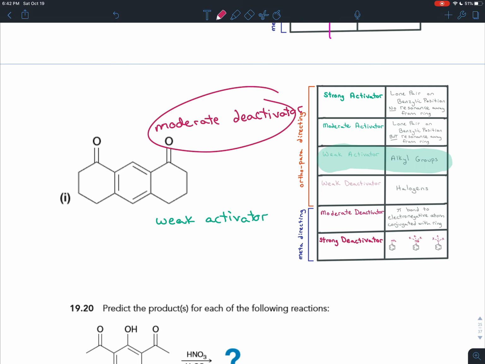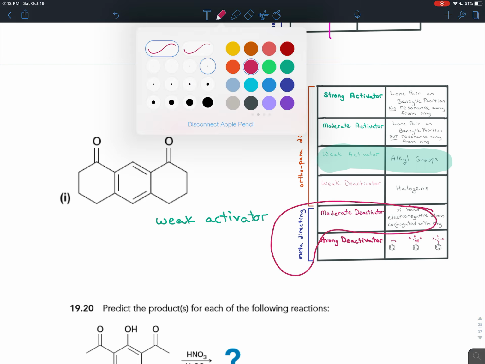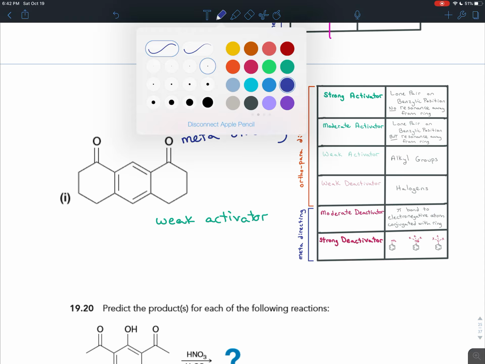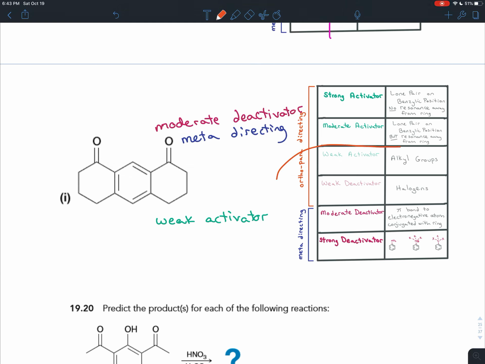For that last one we did, that moderate deactivator, the moderate deactivators are all meta-directing. And the weak activators, they're all ortho-para-directing.